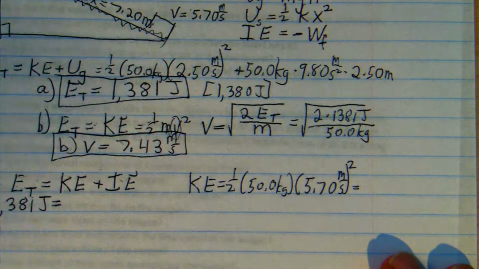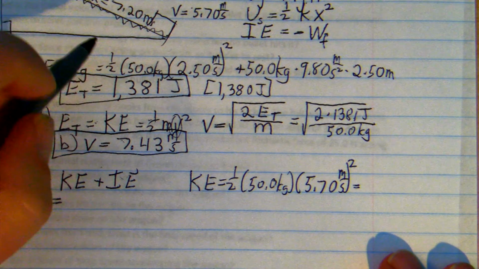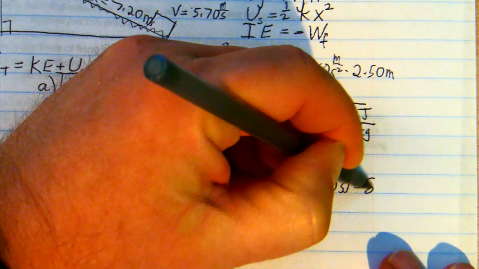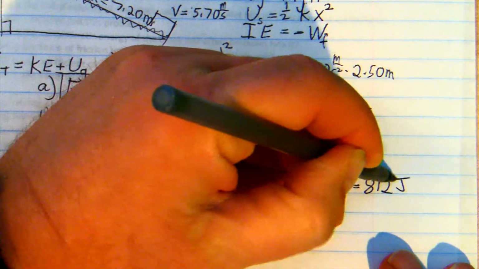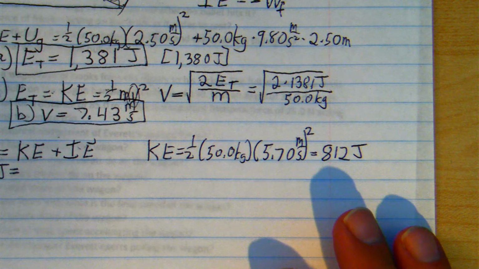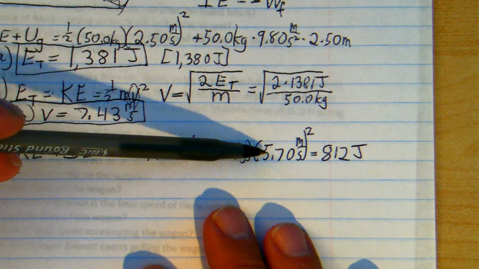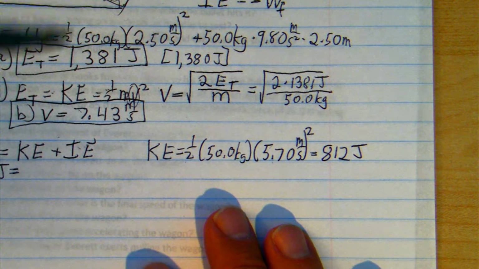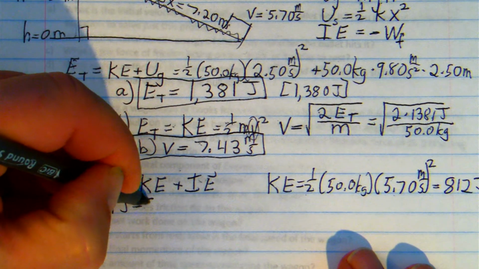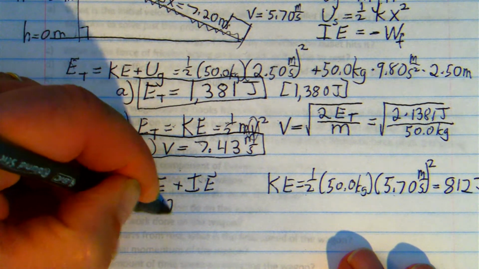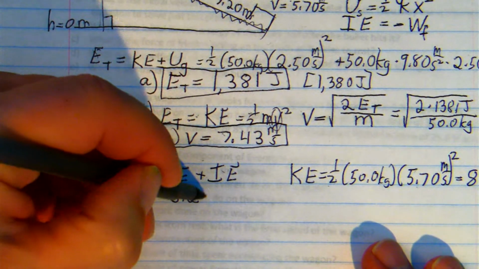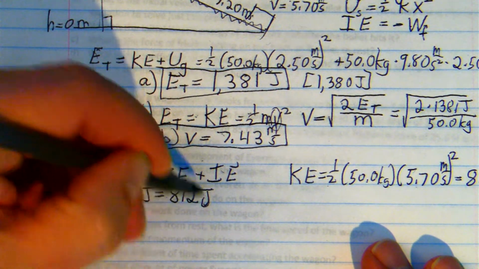And my calculator says 812 joules. That's how much kinetic energy I have at the bottom of this hill when I'm moving at just 5.70 meters per second. So I'm going to put that into this placeholder for kinetic energy, 812 J.